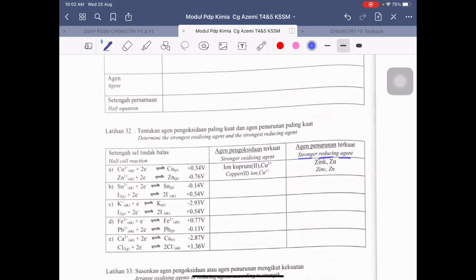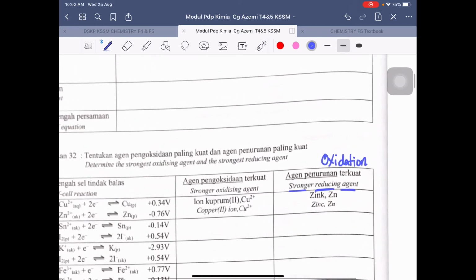What does it do? It undergoes oxidation. I explained this one during our class in the last lesson, but the weather is not good, so a lot of people were in and out. So I hope in this video it will be very clear.